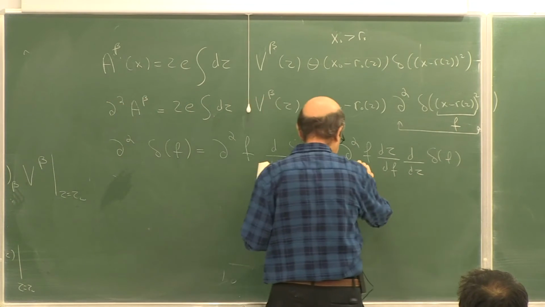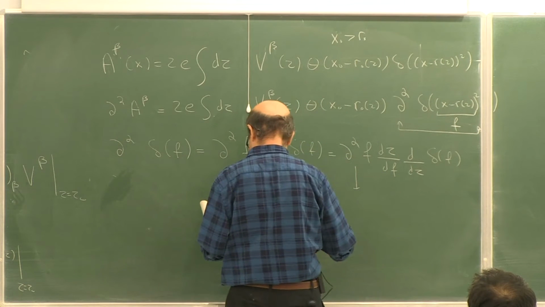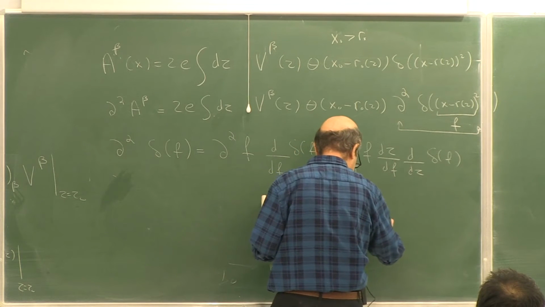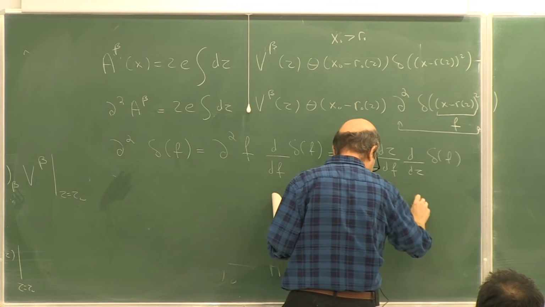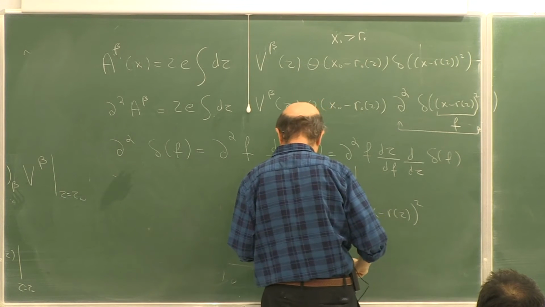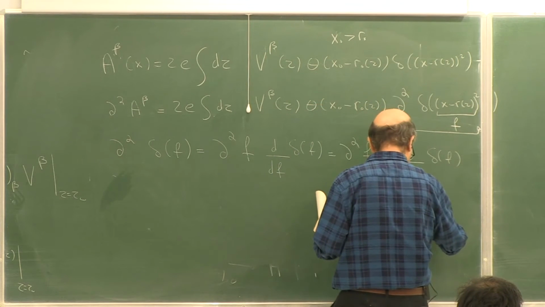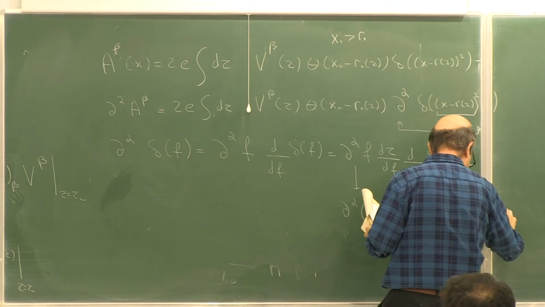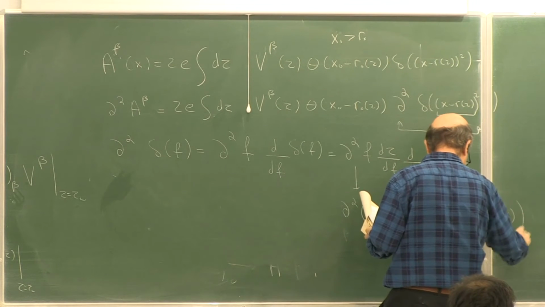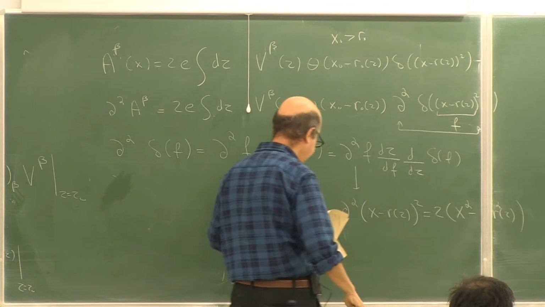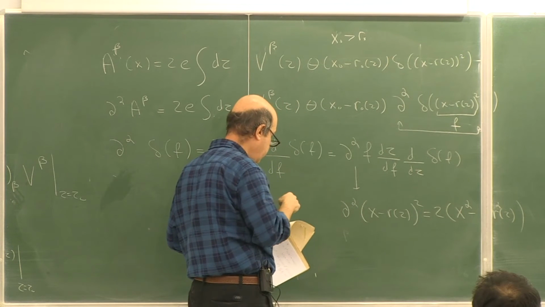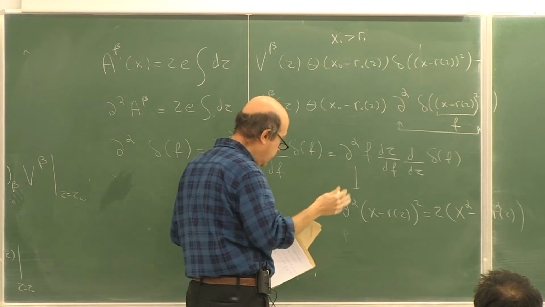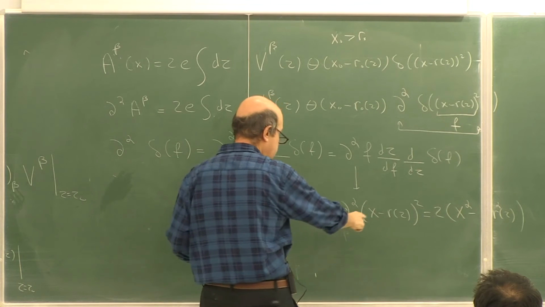So let me write here, del alpha of f is del alpha of x minus r of tau squared, and that is equal to 2 times x alpha minus r alpha of tau. So that is the partial derivatives of x minus r of tau with respect to space and time. So this is that piece.